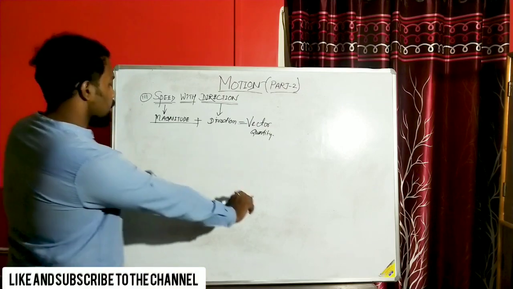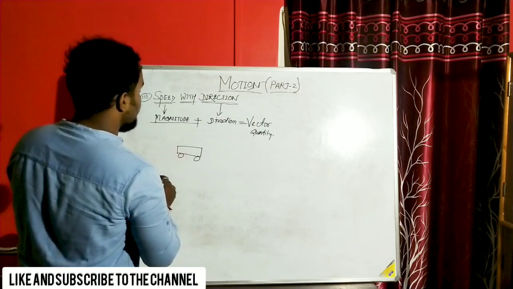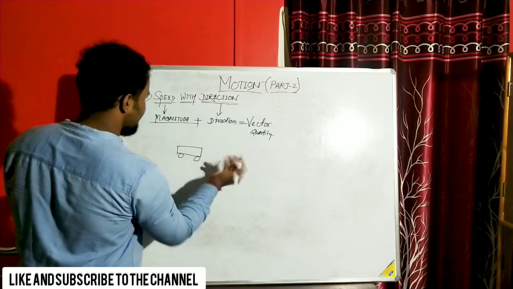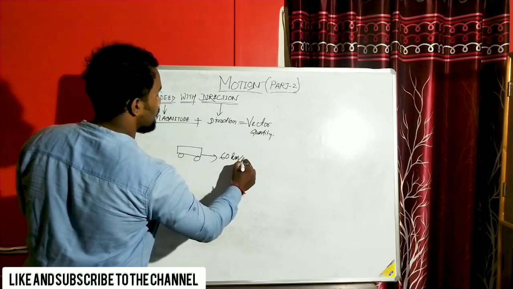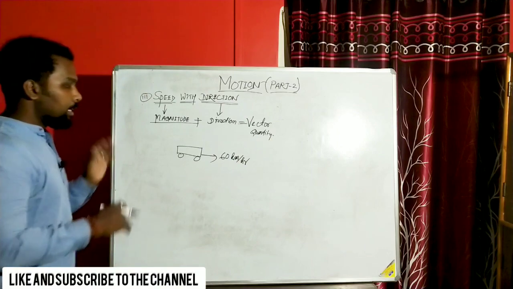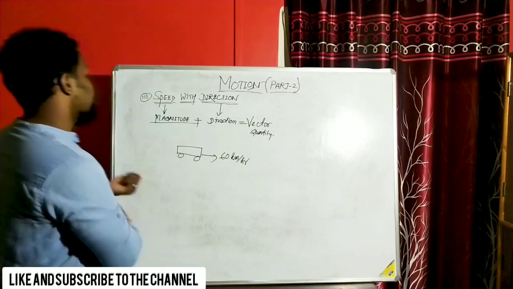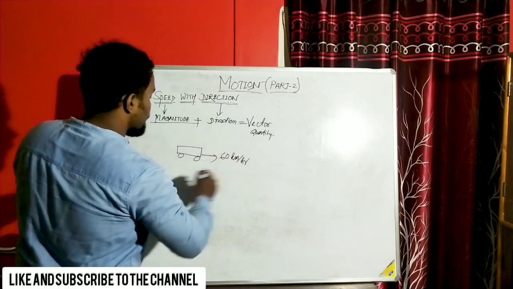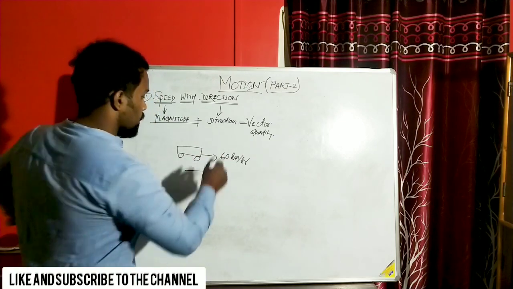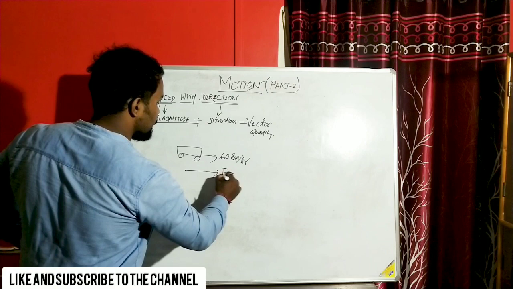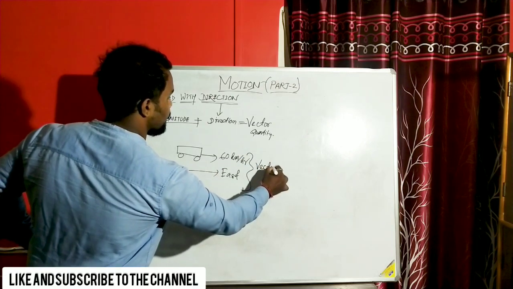Consider one car. That car is moving, just as an example, at a speed of 60 km per hour. Till now we do not know in which direction it is moving. But if I say that car is moving at a speed of 60 km per hour in the direction of east, then this whole thing is going to be a vector quantity.